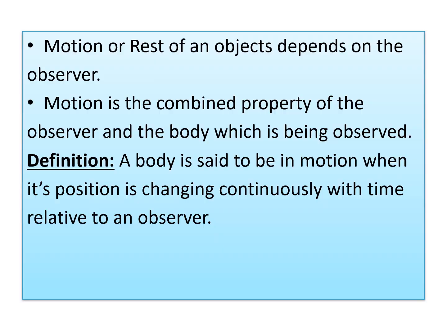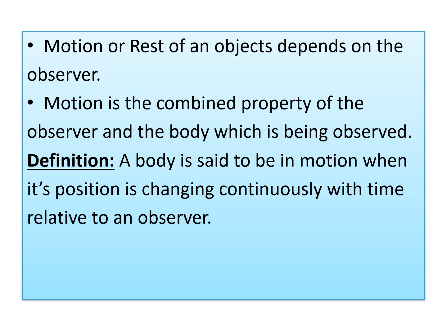In the above discussions between Somesh and Srinu and the driver and the passenger, it is clear that the tree is at rest with respect to Somesh and Srinu, and the car is in motion with respect to Somesh and Srinu.